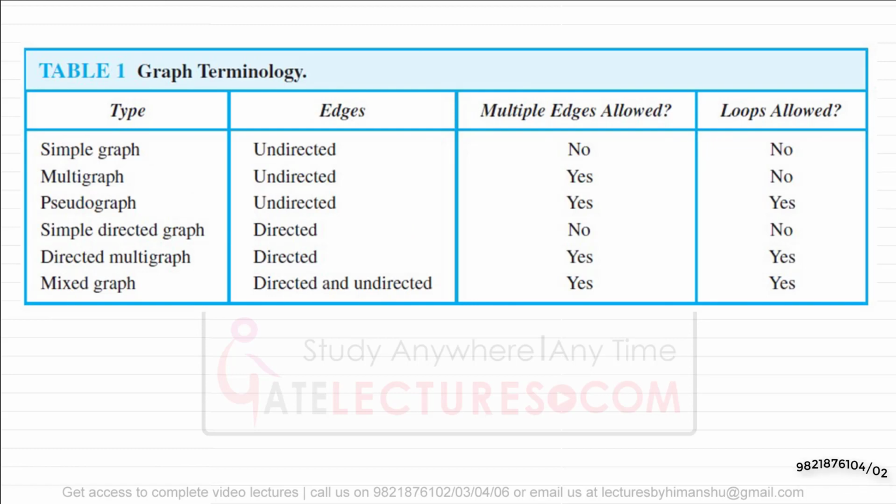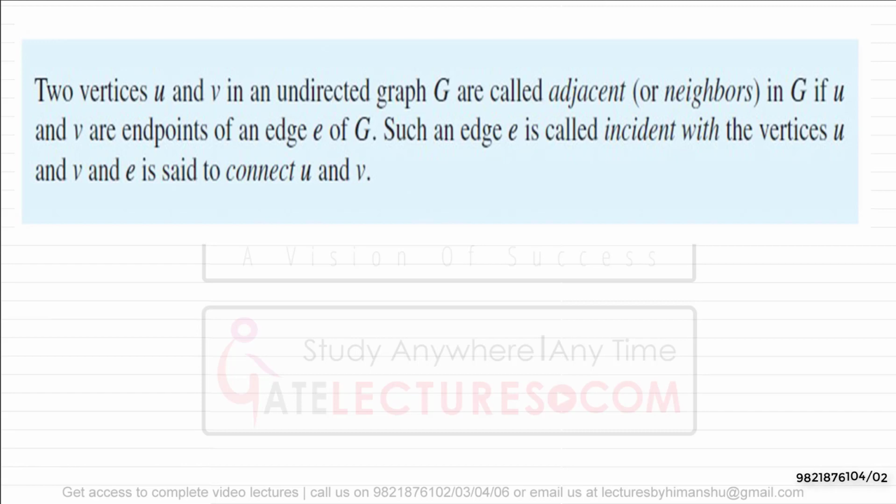Now look at this definition. Two vertices u and v in an undirected graph G are called adjacent if u and v are endpoints of an edge E of G; such an edge E is called incident with the vertices u and v, and E is said to connect u and v.